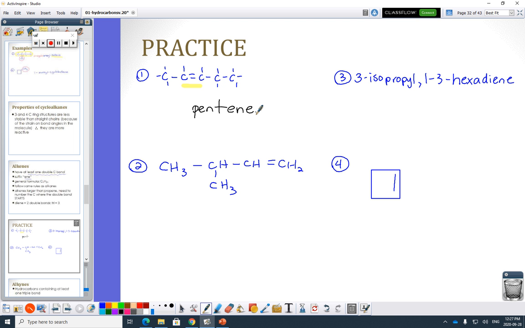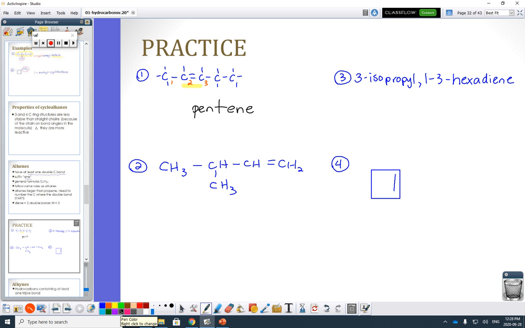And we have to say where the double bond is. Okay, so again, we want to use the lowest number. When you look, this side of the molecule has the double bond versus this side, which doesn't. So I'm going to start over here, and then this is 1, 2, 3. Technically, a double bond or a triple bond has to be between two carbons, but we always want the lowest number.